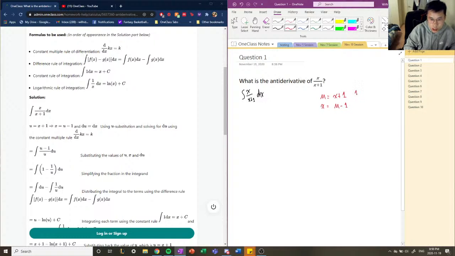Okay, so let's just label this 1 and this 2. All right, and finally, if we took the derivative of u in terms of x, we will get du over dx equals 1, so du equals 1 dx.